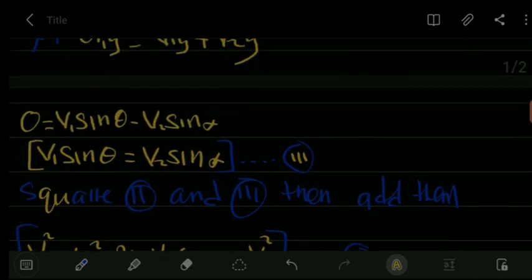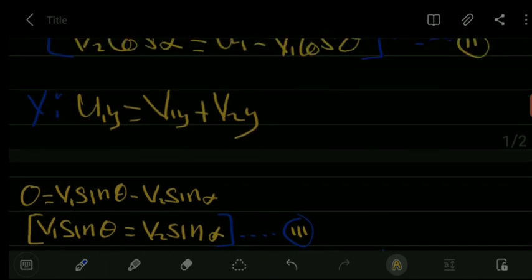Equation 3 is v1 sine theta equals v2 sine alpha. We know what theta is, and since we have solved for v1, we simply substitute those values here, and we also know what v2 is, then we can solve for alpha. So that's what you do for a question of this nature. All right.